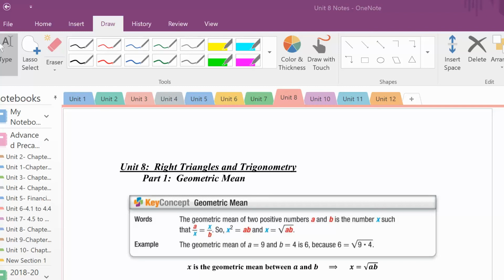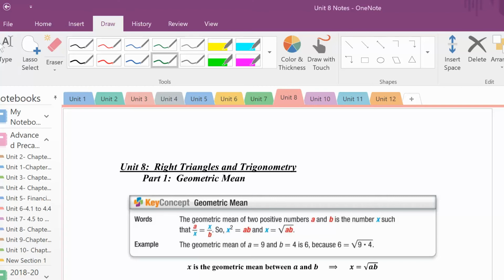We're going to talk about the geometric mean. The geometric mean of two positive numbers is the number x such that a over x is equal to x over b. So basically, x is equal to the square root of a times b.